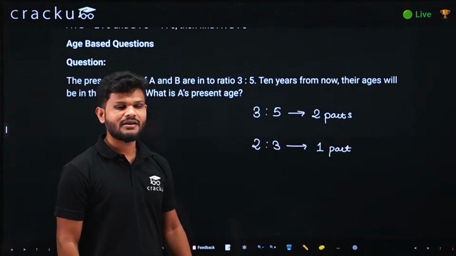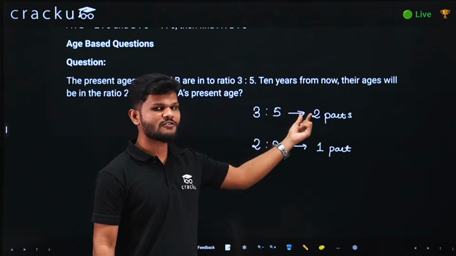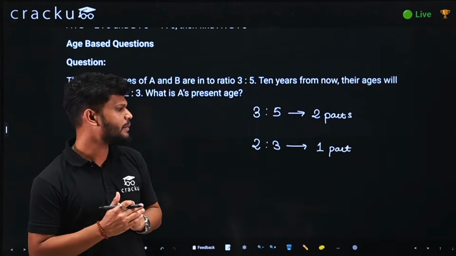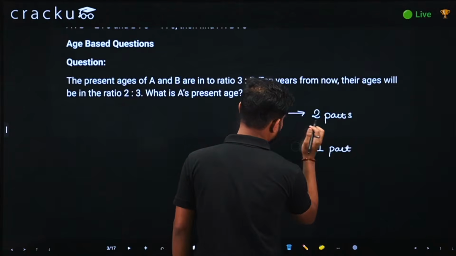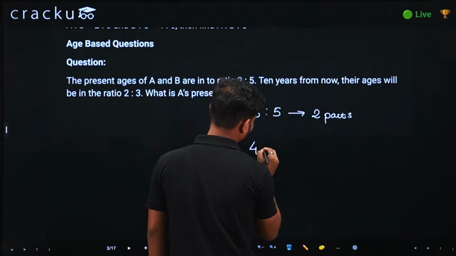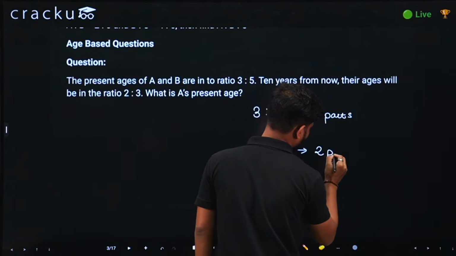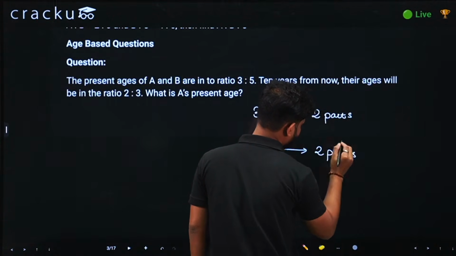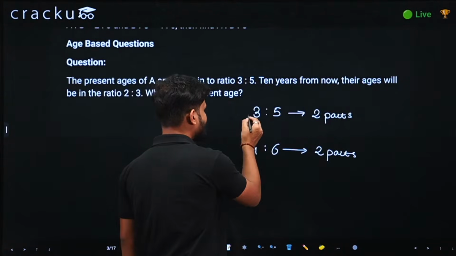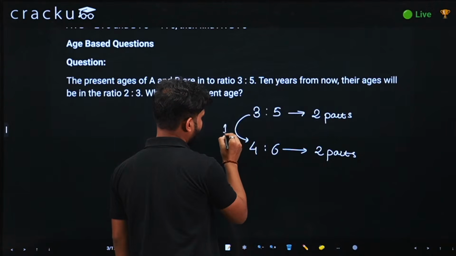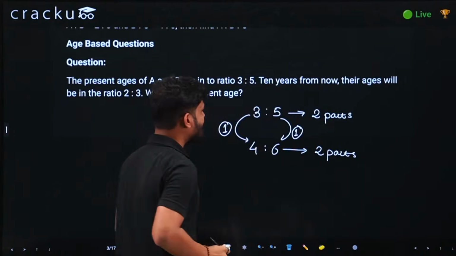So it means that these 2 parts and this 1 part of this ratio, 2 parts of this ratio should be equal. How to make them equal? Just multiply the second ratio by 2. So if you multiply the second ratio by 2, it will become 4 is to 6, with a difference of 2 parts. Now both the differences are 2 parts. So how much did this increase? This increased by 1 part, and this also increased by 1 part. But this 1 part is equal to what?